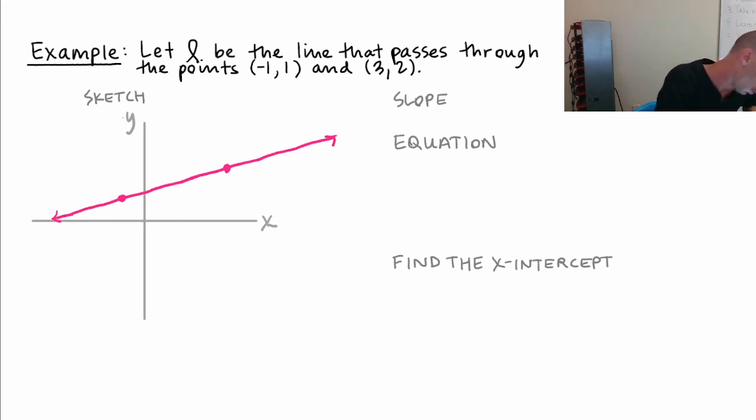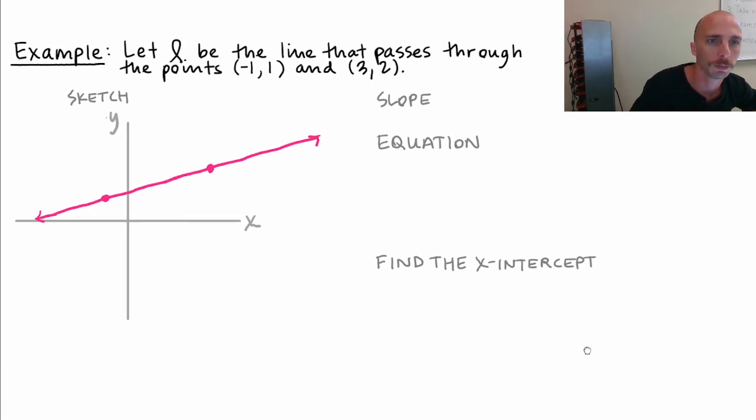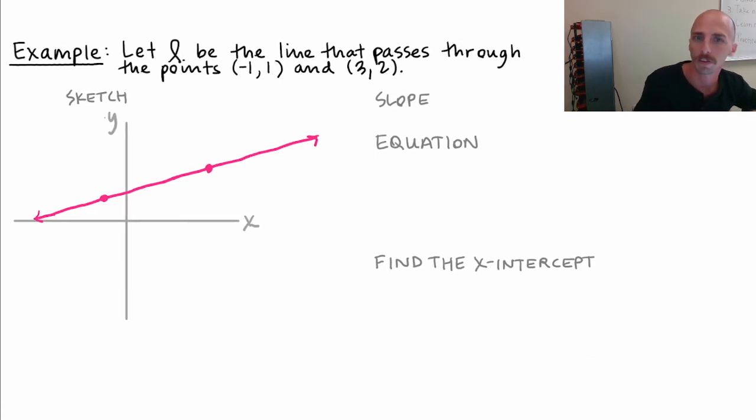So in order to compute the slope, I'm going to go over here and label, just to be as explicit as possible, what's x1 and x2 and what's y1 and y2. Well, -1 and 1, that's a point. That's an x value and a y value. So this is x1 and y1. And then 3 and 2, this is x2 and y2.